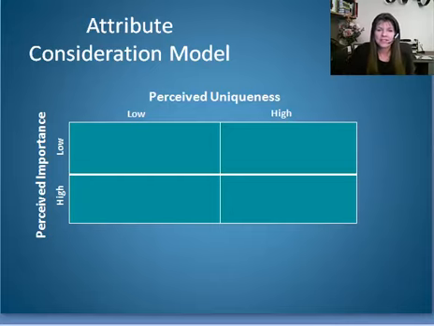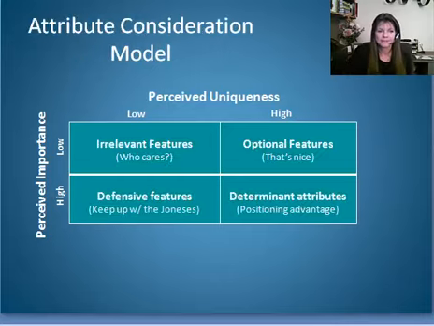We're going to fill in this 2 by 2 here. So let's first look at this cell, right? This is low importance and low uniqueness to an individual. And so if there's an attribute they run across that's offered with a model that is not important to them and doesn't seem unique, the attitude tends to be, who cares, right?